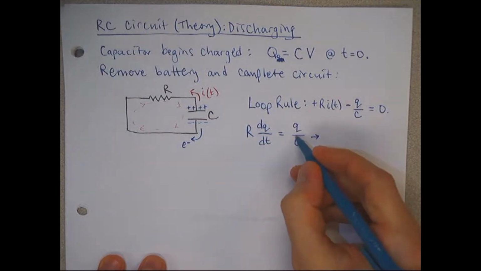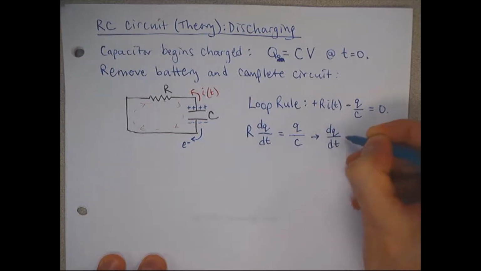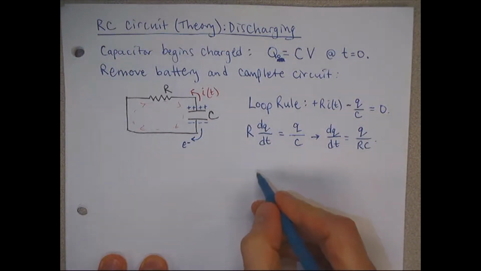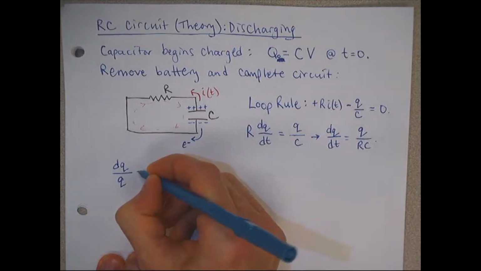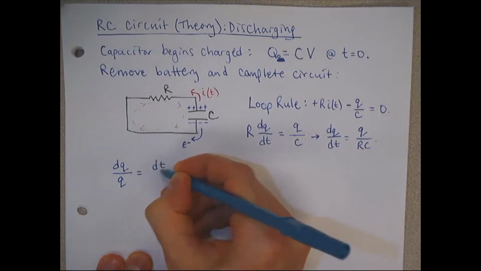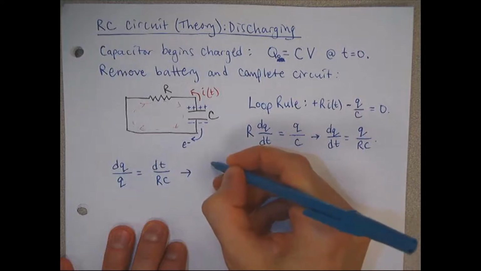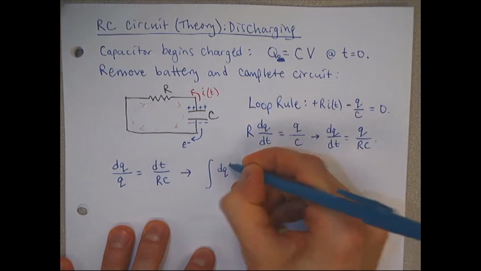We can move the R over here to obtain dq over dt is q over RC, which we'll call tau. dq over q is equal to dt over RC, or tau. If we're going to integrate both sides, we need dummy variables here.